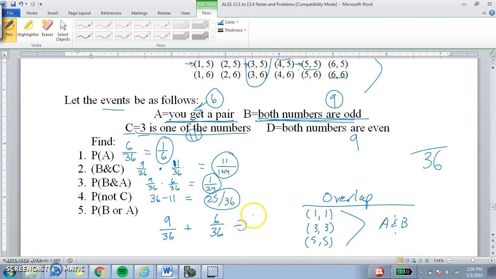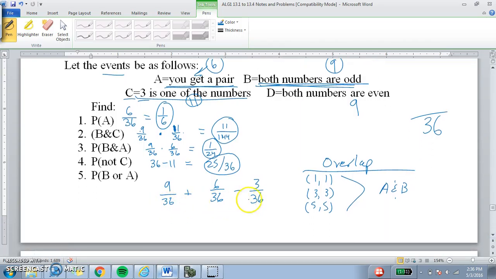So we have to subtract that. After we add the individual probabilities, we have to subtract that. Okay, so all of our denominators are 36 because those are all of our probabilities. So we have 9 plus 6 minus 3. So altogether, that's going to be 12 out of 36, which is going to reduce to 1 out of 3. So the probability of B or A happening is 1 out of 3.